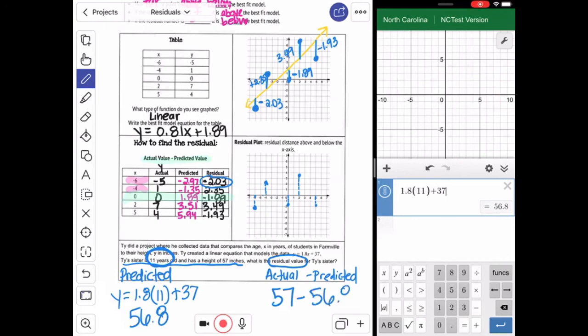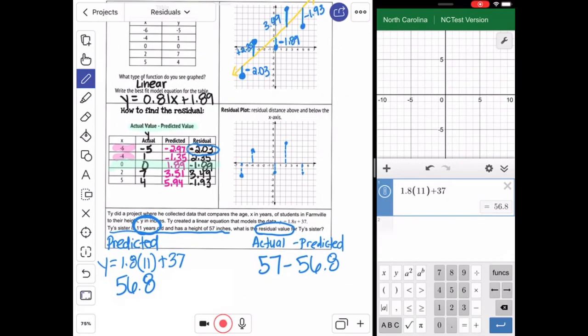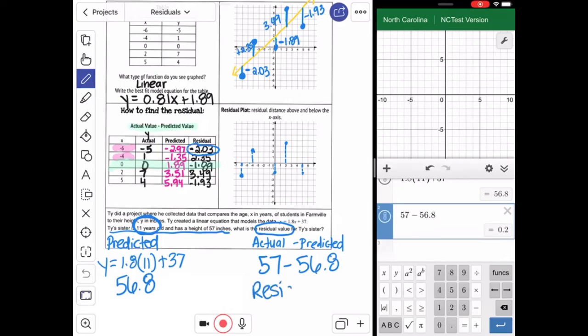So what is my residual here? Well, my residual is going to be 57, the actual height of Ty's sister, minus the predicted height of 56.8, and my residual is going to be 0.2. So their prediction here is pretty close to the actual height of Ty's sister.